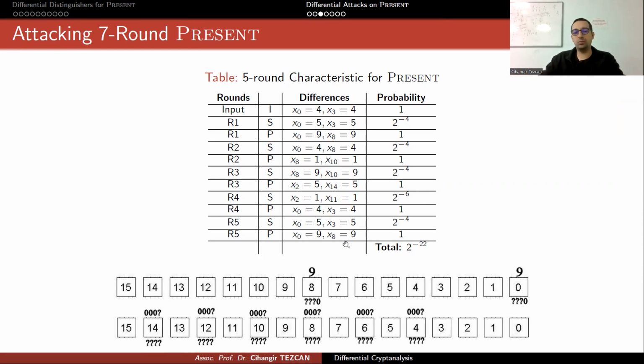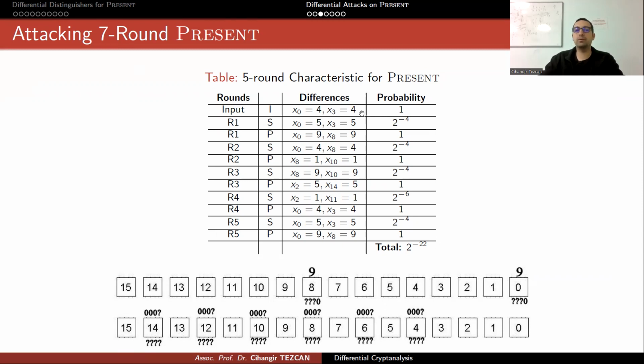Now I add 2 more rounds to the bottom, as in the case of Wang's attack. So instead of 16 rounds, we are going to attack 7 rounds, but the attack procedure will be the same. So what I'm going to do is choose a secret key, gather n plaintext pairs, encrypt them with that secret key, and obtain ciphertext pairs in this form.